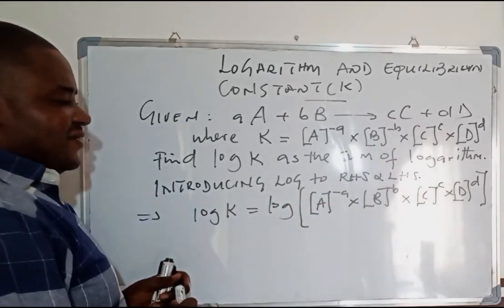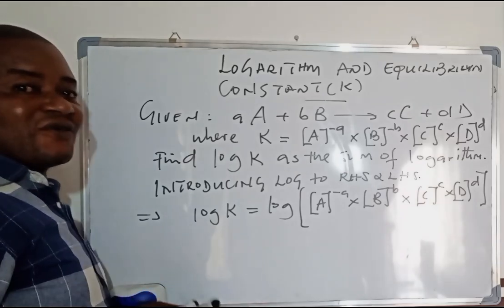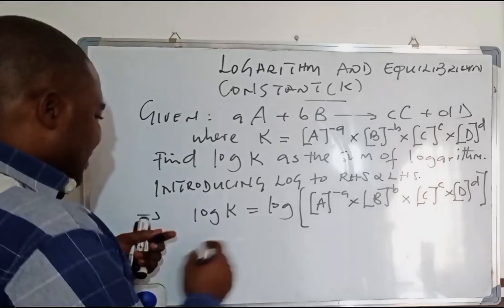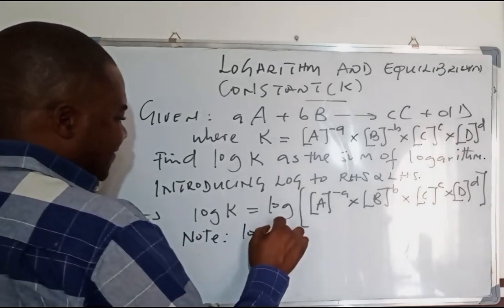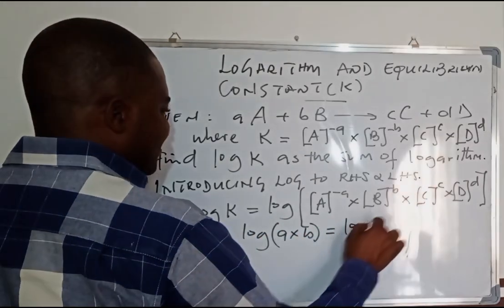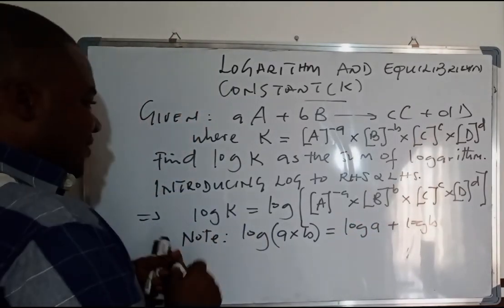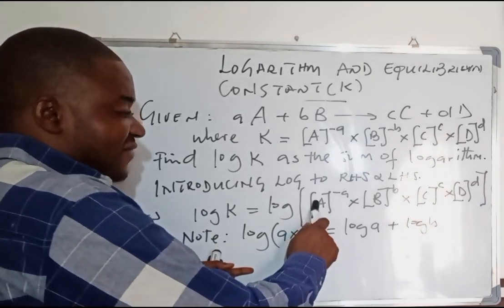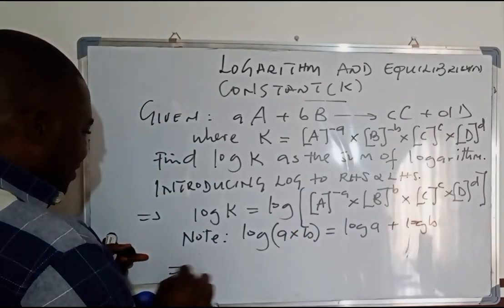Now, when we get here, we are going to introduce a common convention from the logarithm laws, and that is we must note that the log of A times B is the same thing as the log of A plus the log of B. That is the common logarithm equation. So we have to introduce this to the right hand side. So our equation will now change.